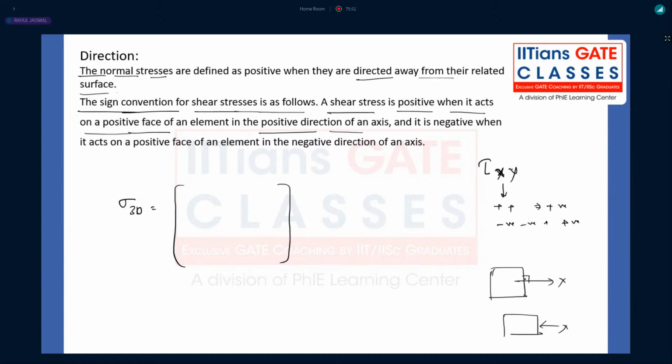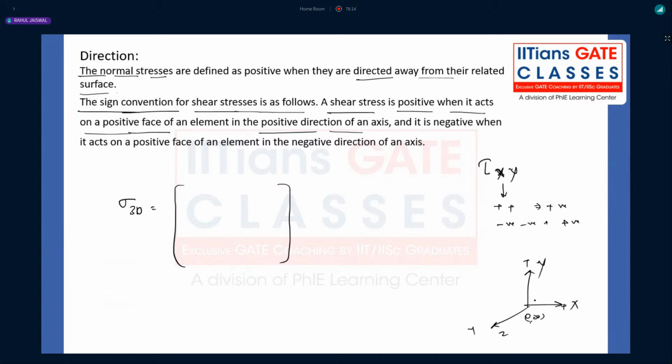Some of you might be completely confused based on the cubical element, whether it is a horizontal plane, whether you are shifting the origin. If you follow the basic coordinate system, it will be the origin x, y, z, 0, 0, 0. That's it. That is the basic.